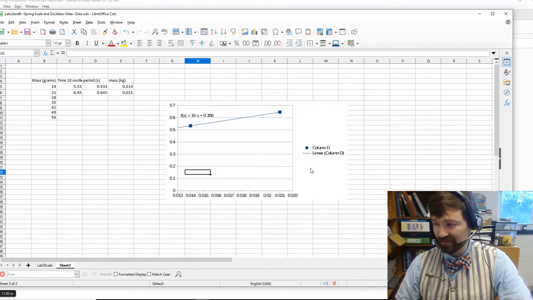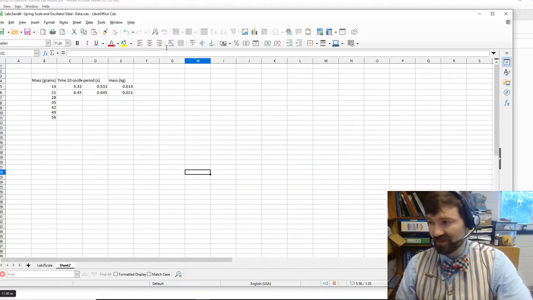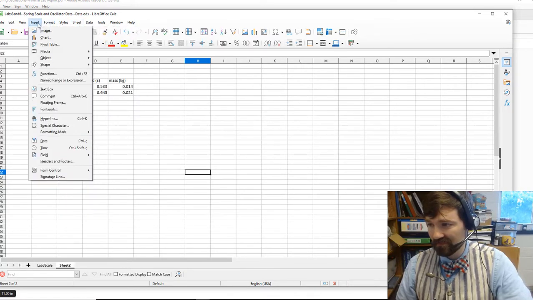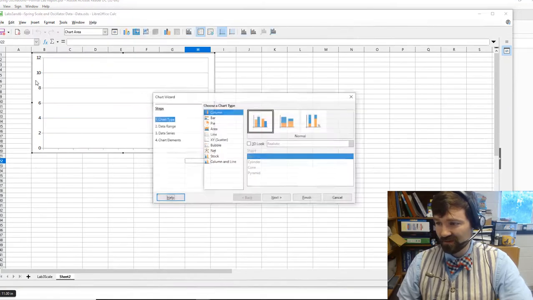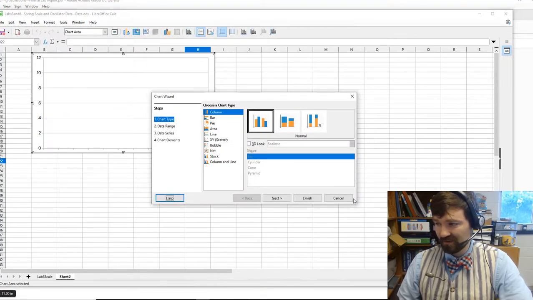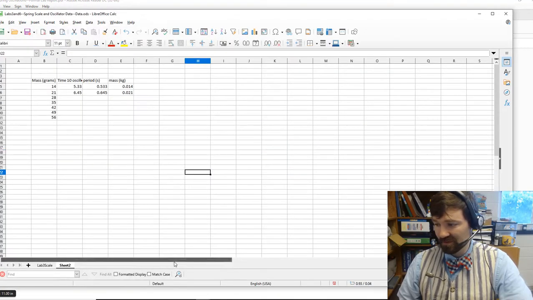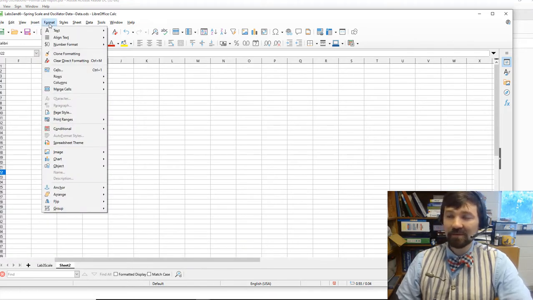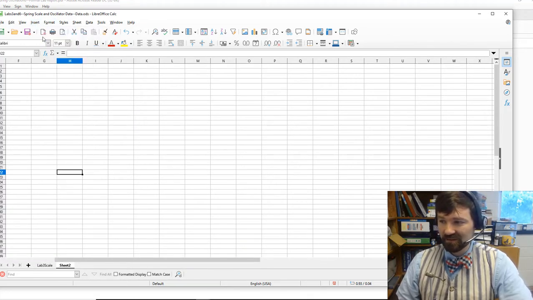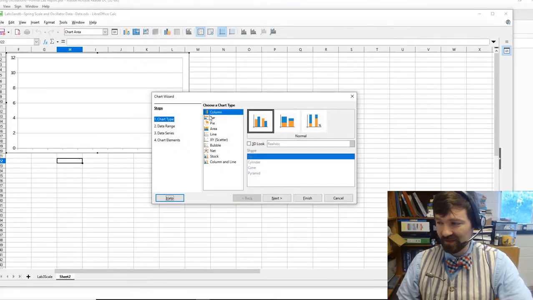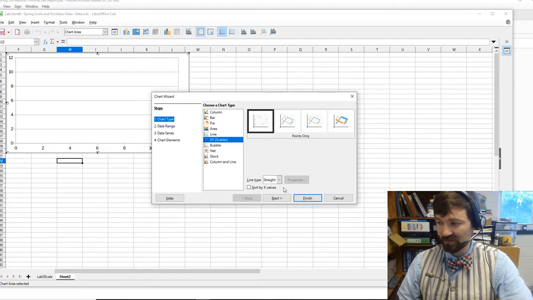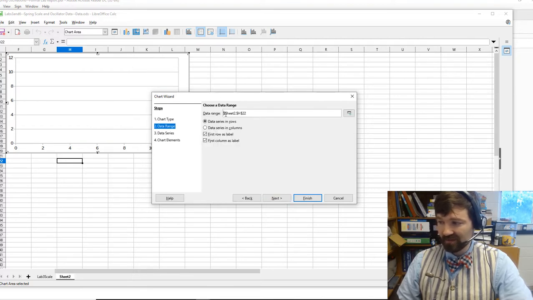Okay, and you can do all that if we start over on this graph again by basically going insert chart. My program's a little silly. I have to kind of move over so that it's not showing the data because otherwise it becomes hard to select. I am using an XY scatter plot, points only.